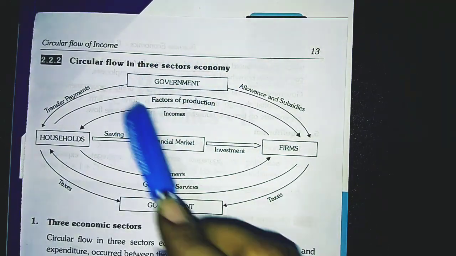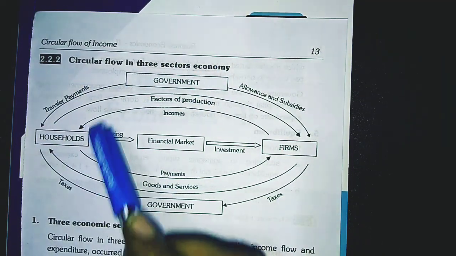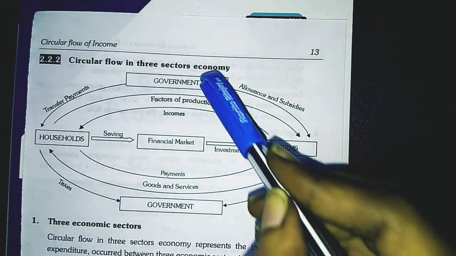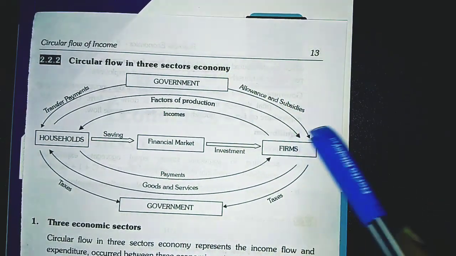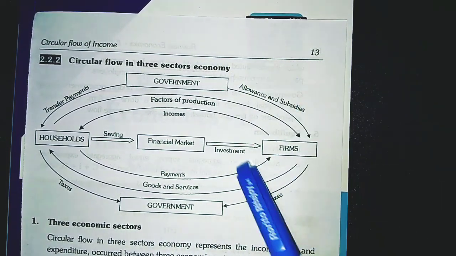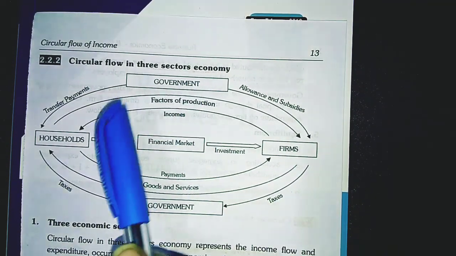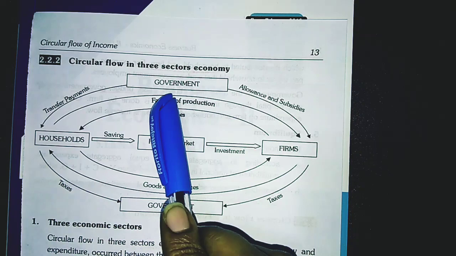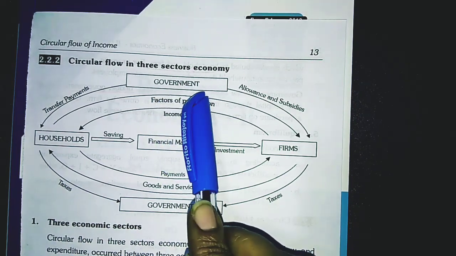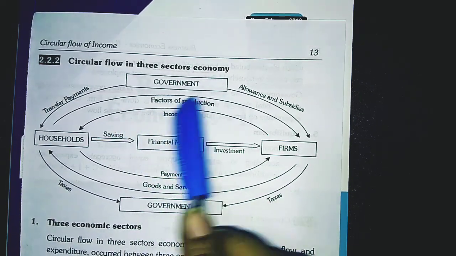Then the government is transferring payments to the household, as well as giving certain allowances and subsidies to the firm. And even the government is providing different types of welfare services like government hospitals, schools, etc. to the households.